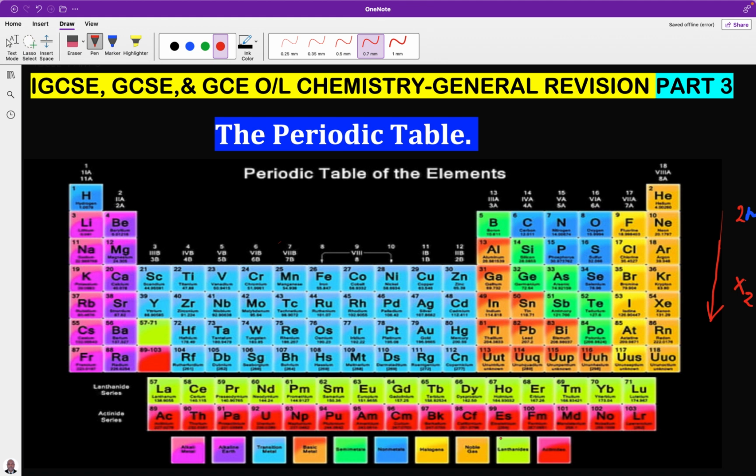So as you go down group 0, that is the noble gases, they are arranged in order of increasing proton number.